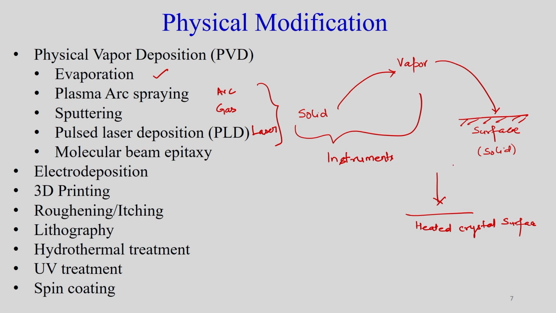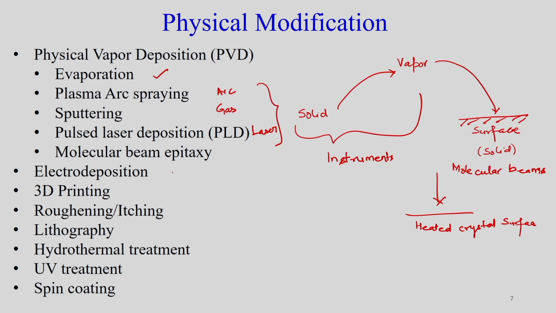The molecular beams of that particular atom or compound or gas are coming. So, typically it is used for the deposition of the same crystal on the crystal substrate.